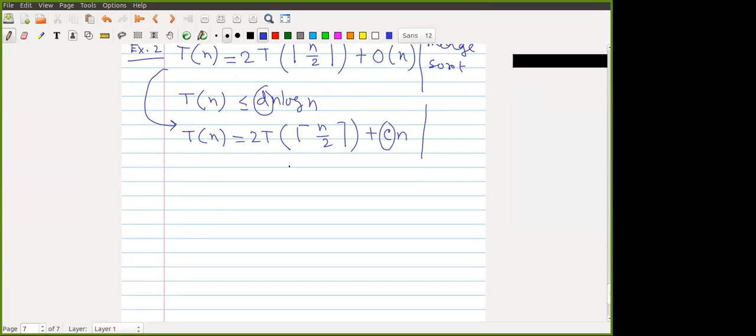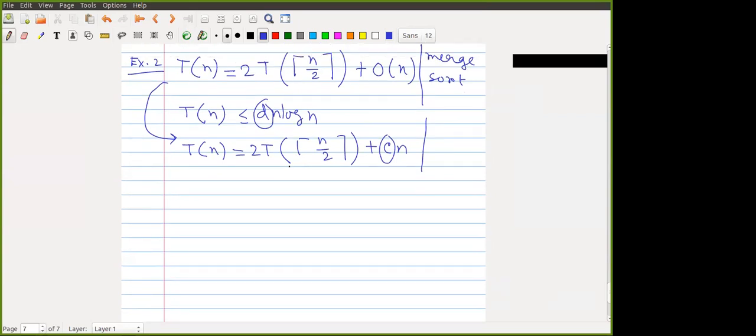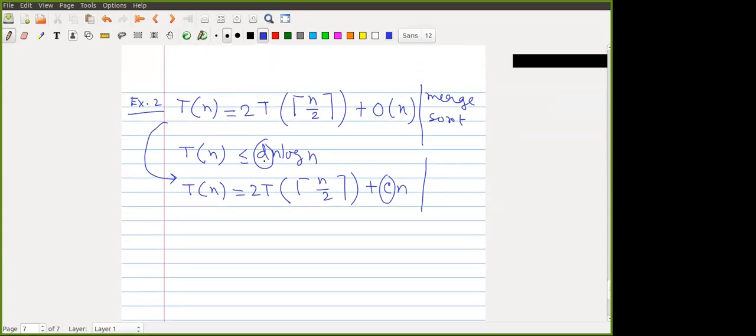Now there are some things to note. Whenever we use induction, what we actually want to prove matters.